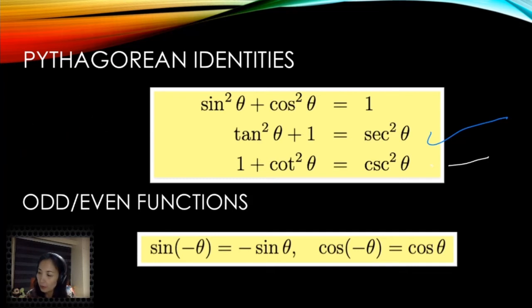From sine squared theta plus cosine squared theta equal to 1, we divide every term by sine squared theta.